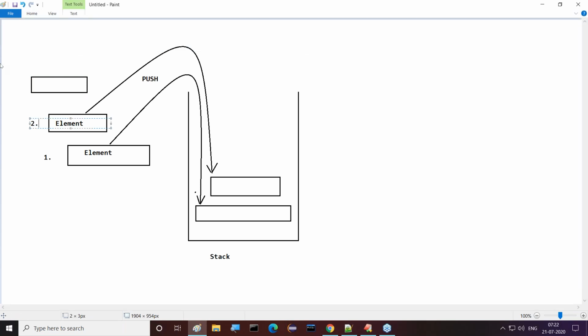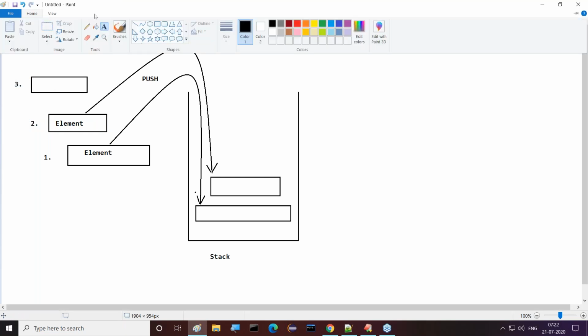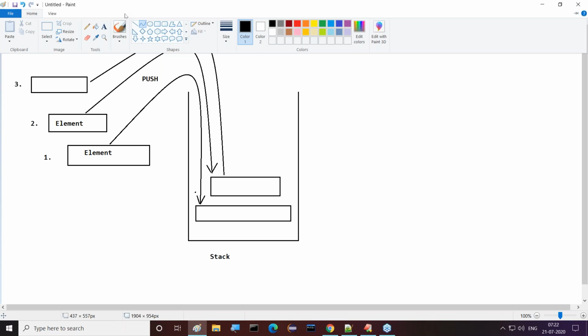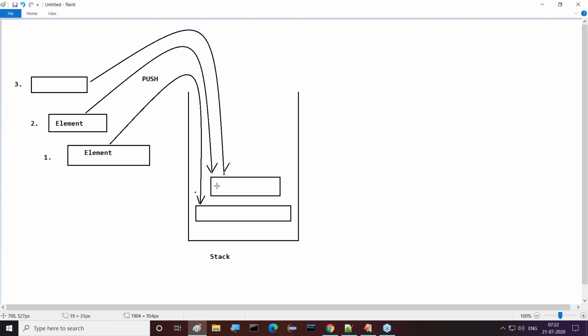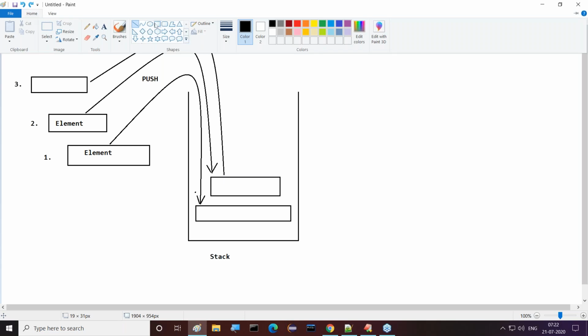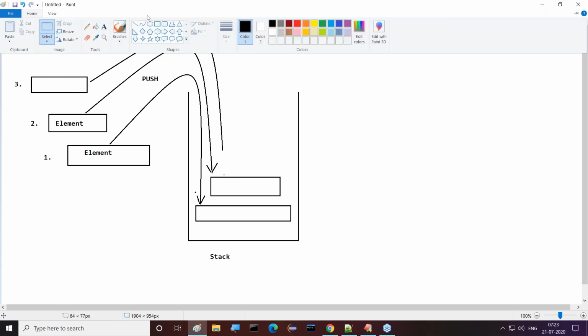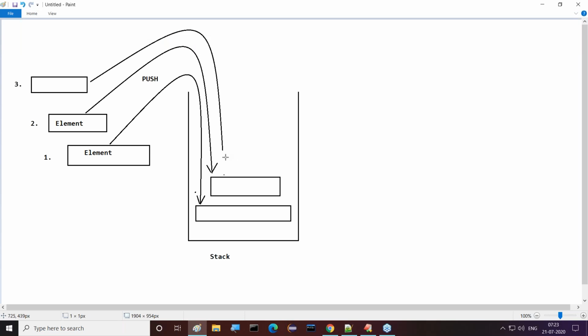This is the second one, and this is the third one. The third element also we are inserting here.